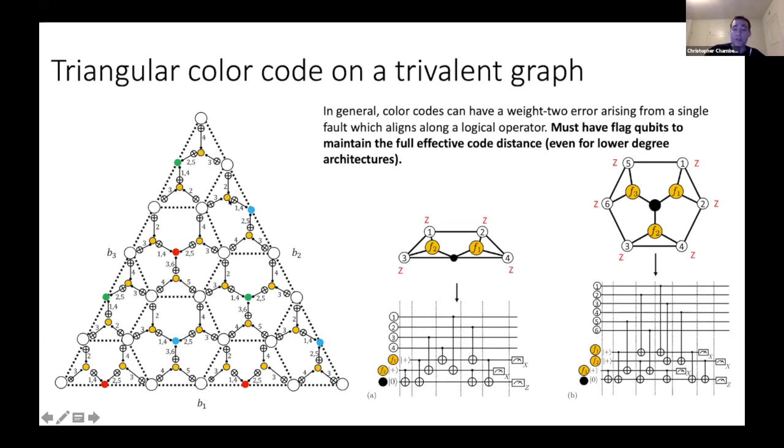So, given this, what we need now is an efficient and scalable way to decode with flag qubits. And I'd like to mention that previous work on flag qubits has looked at this problem. But in general, you have to have some kind of lookup table that grows exponentially with the size of the code. So it's not a very scalable approach, even if it does work for arbitrary distance codes.